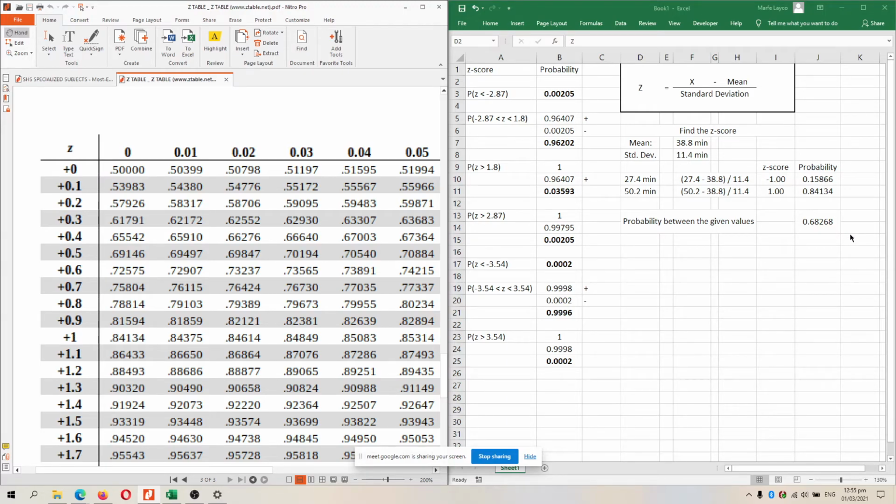So, sa mga susunod pa natin na activity, magka-calculate lang tayo ng z-score.